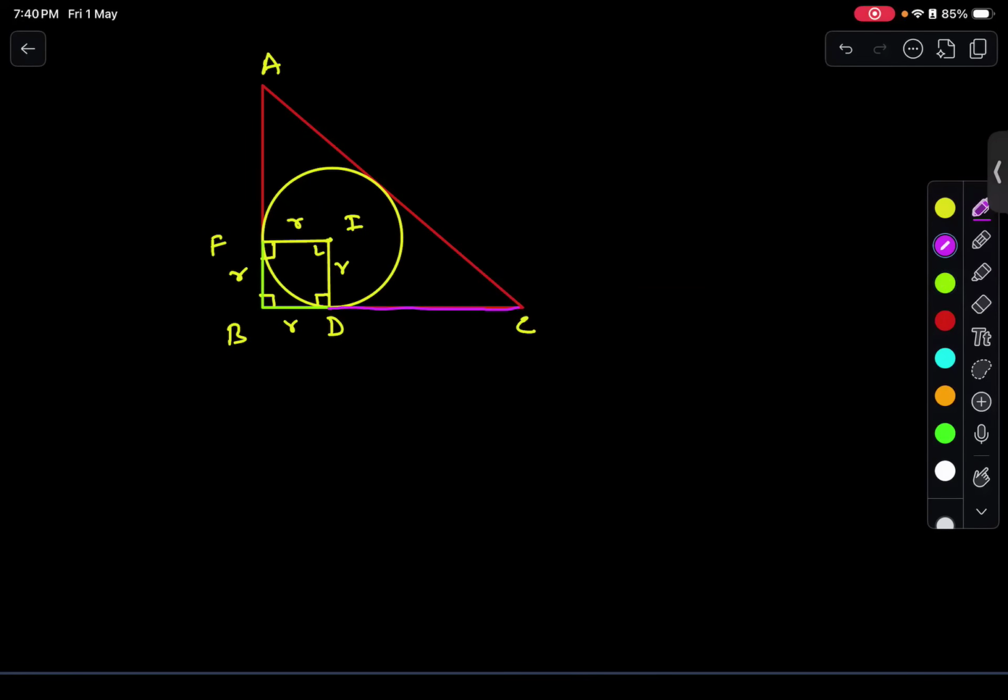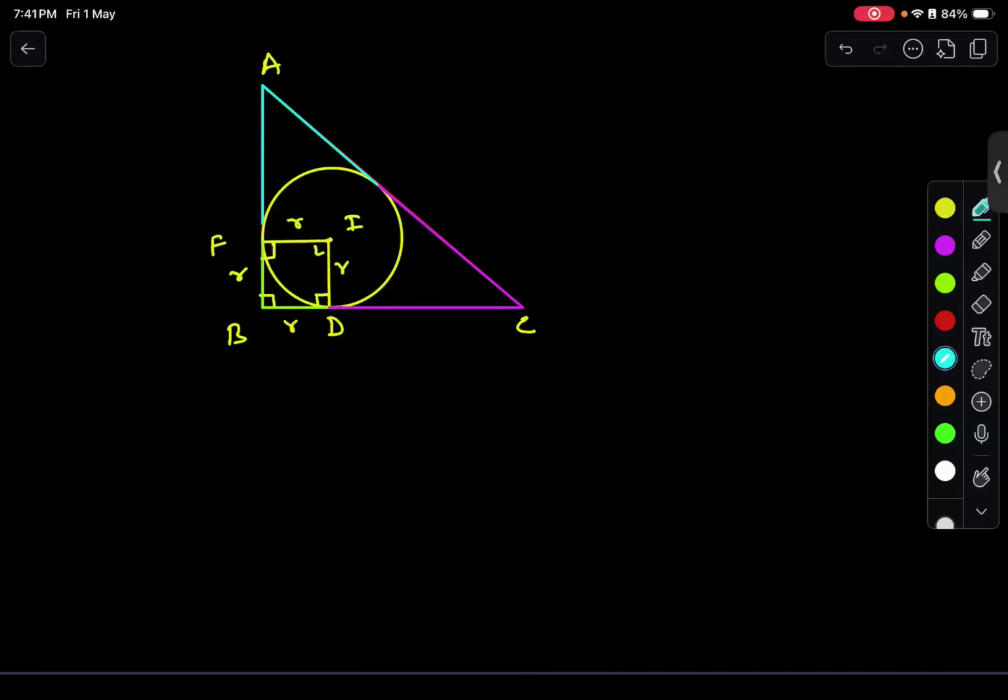From C, this length and this length are equal, and from point A, this length and this length are equal. So we know about this.